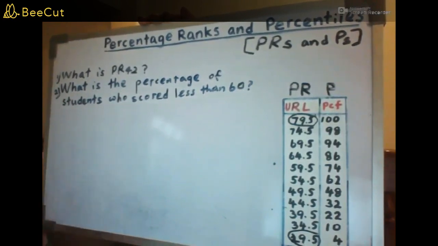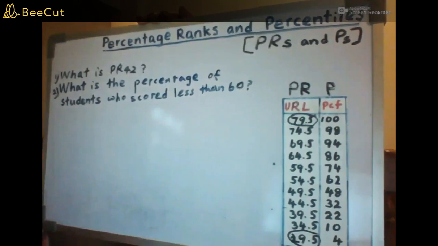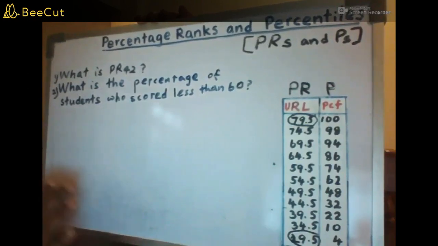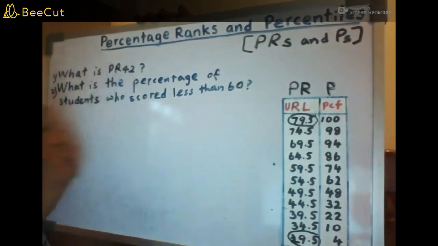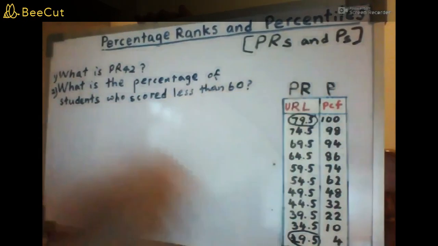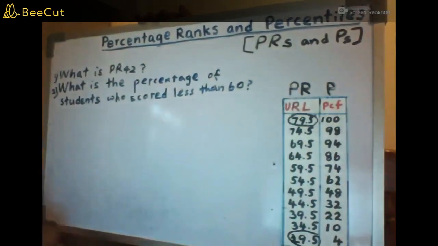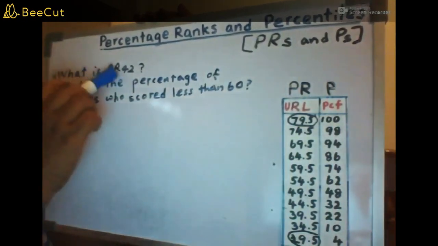What you have to do is identify whether the mark is given or the percentage is given. In this case, what has been given? What is PR 42? PRs are what? Marks. So the mark is given here.